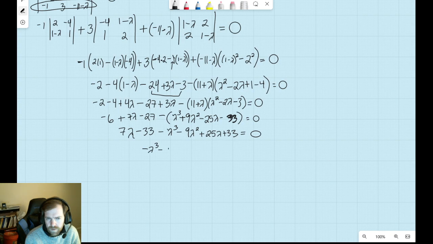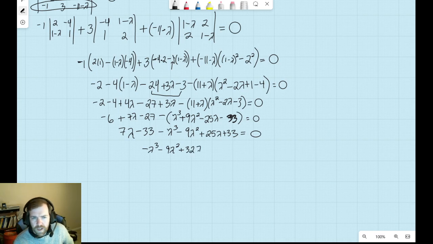Negative lambda cubed minus 9 lambda squared, 25 and 7 is going to make a plus 32 lambda. And plus 33 minus 33, going to get a 0. Oh, that's nice.